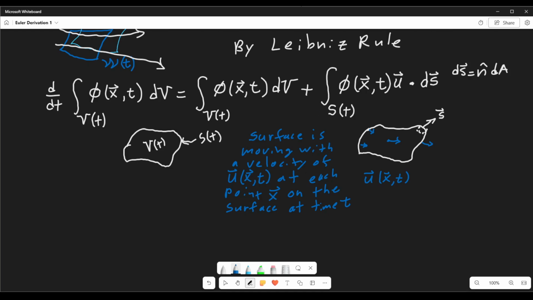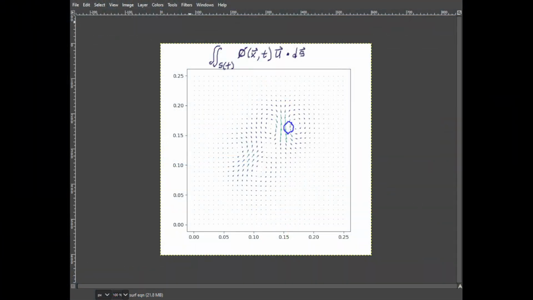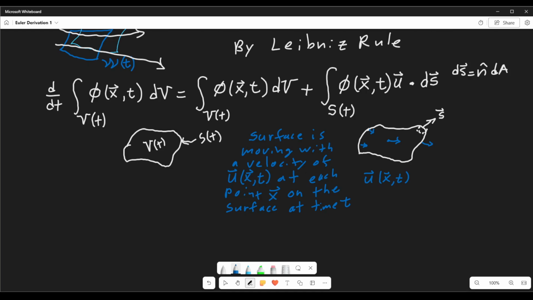So the concept of this is basically that there are two parts: there's this integral and there's that integral.